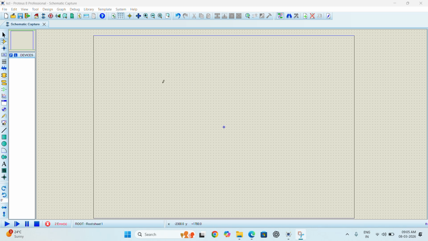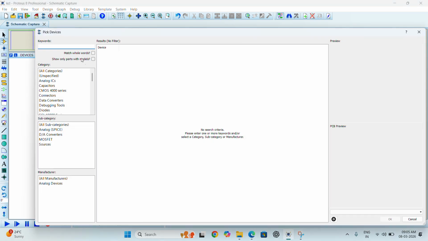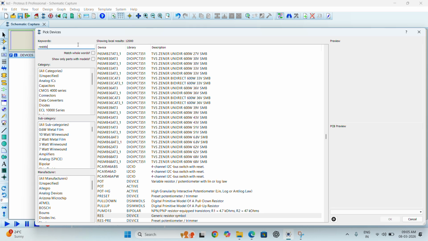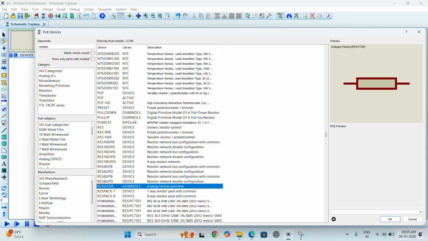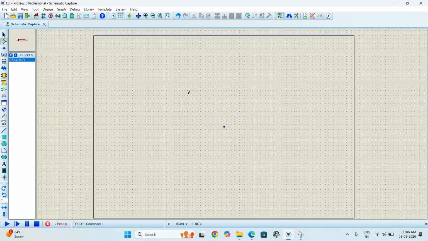Why is it not working? We will go here. Let's search for the resistor. Okay, let's take it. We'll take three resistors in total. I will make a very simple circuit.